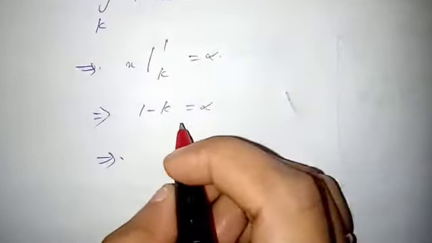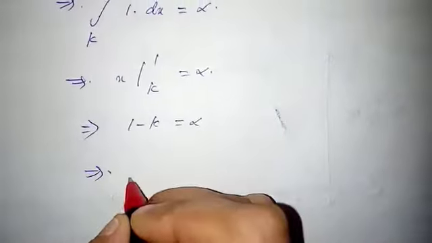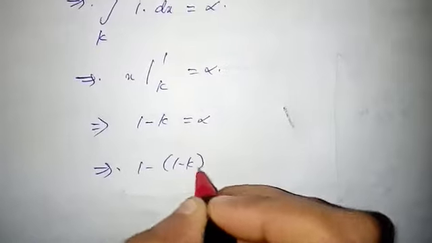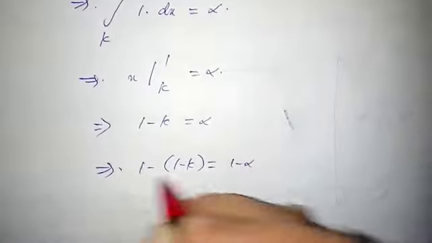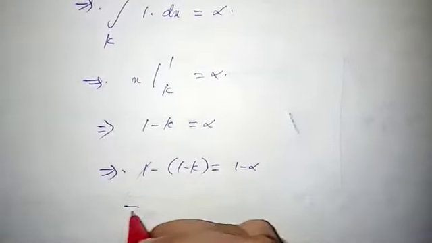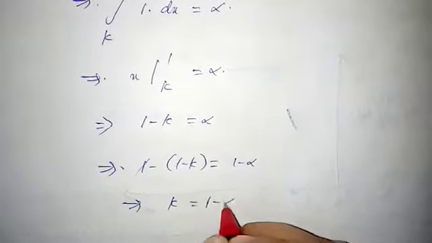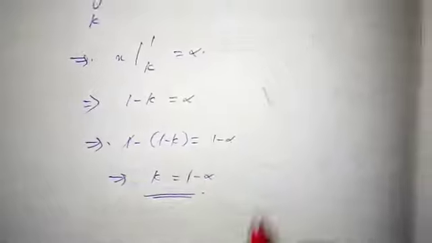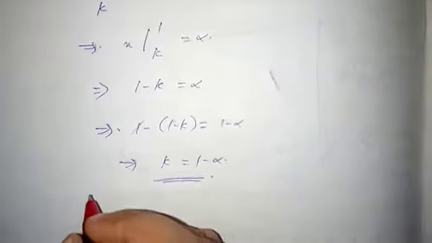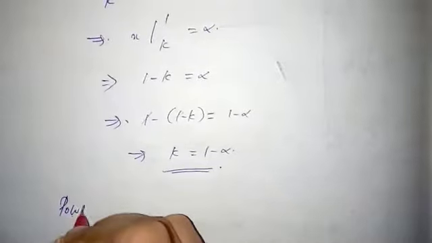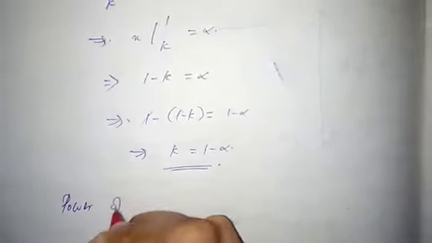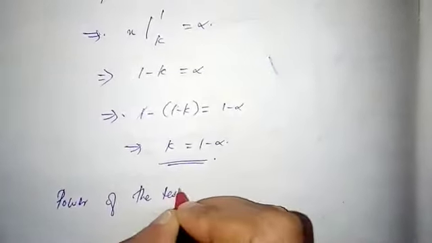Here we need the k value. 1 minus k equals alpha, so k equals 1 minus alpha. Then we want to find the power of the test. What is the power of the test?